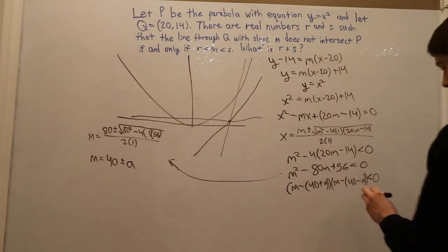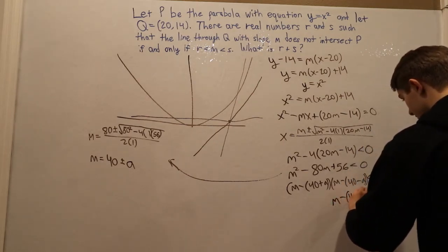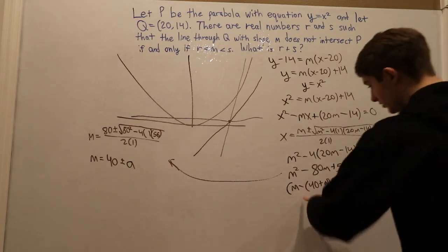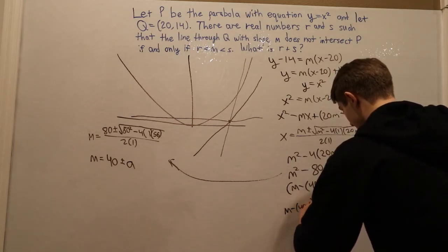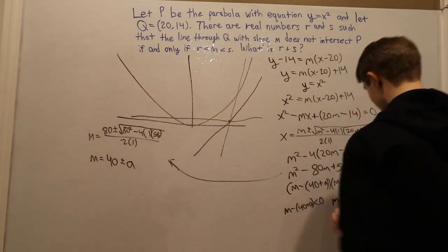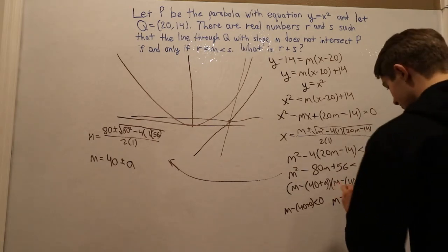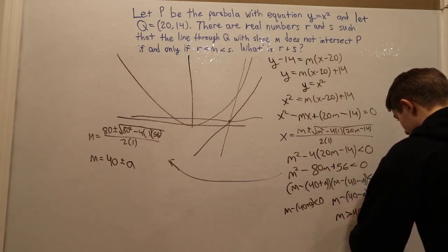So we can write that information. If we want this to be positive, then we have m minus 40 minus a has to be greater than 0. And the other part, we have m minus 40 plus a. This has to be negative, so we get less than 0. Now we can solve both of these equations. This part over here, we get m is greater than 40 minus a.